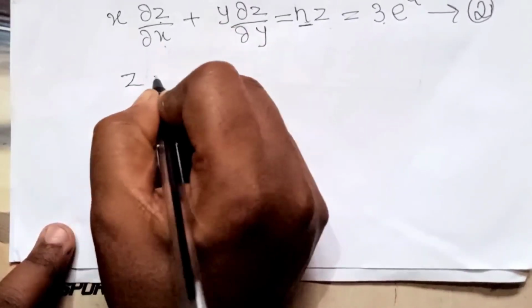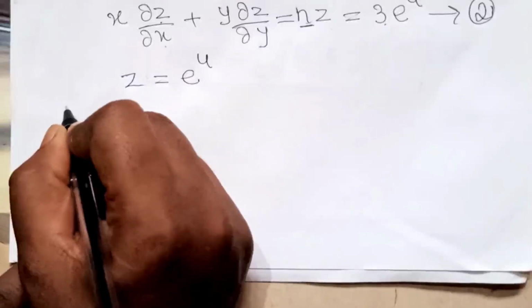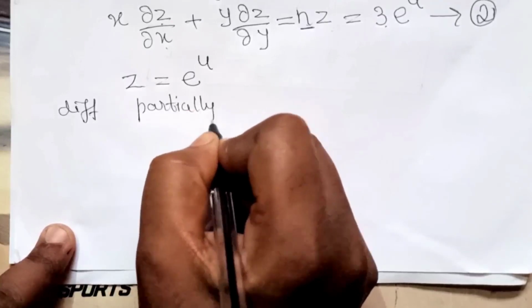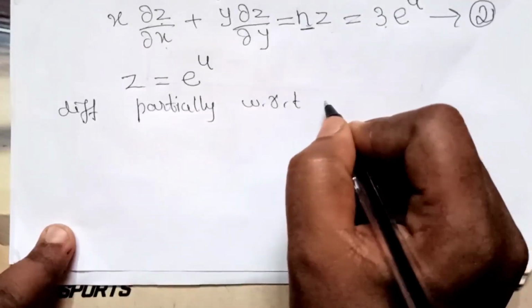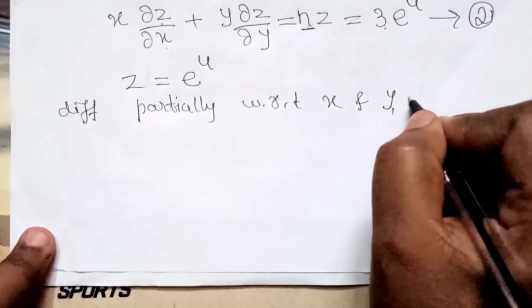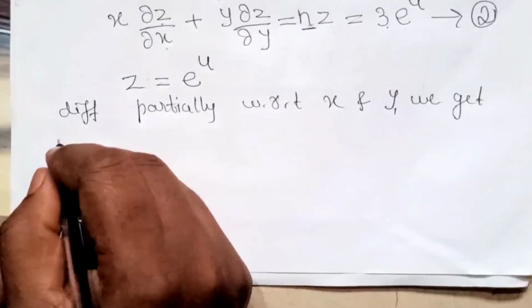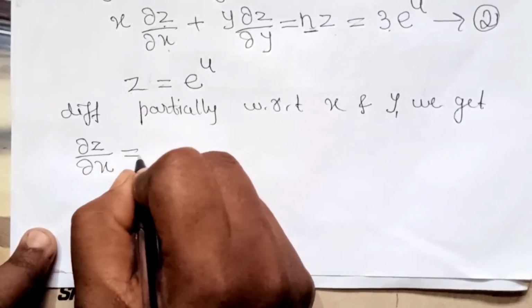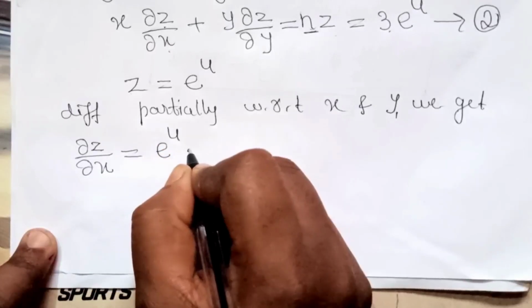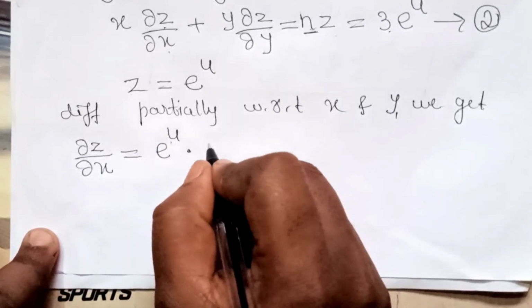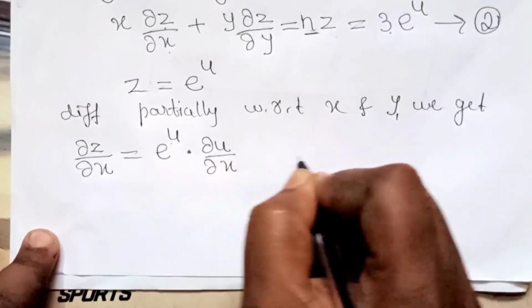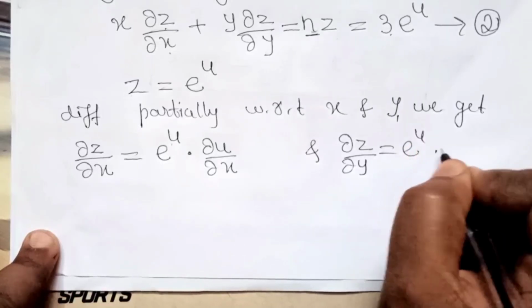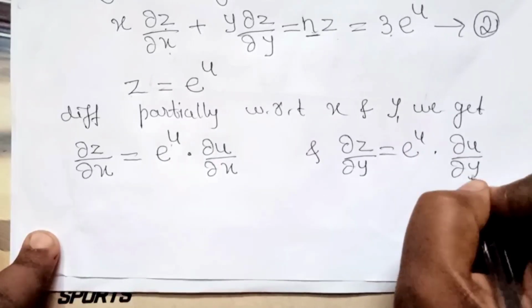That is, consider z equals e raised to u, differentiating partially with respect to x and y, we get ∂z/∂x equals e raised to u, the differentiation of e raised to u, and the differentiation of u with respect to x is ∂u/∂x. Similarly, ∂z/∂y can be written as e raised to u into ∂u/∂y.